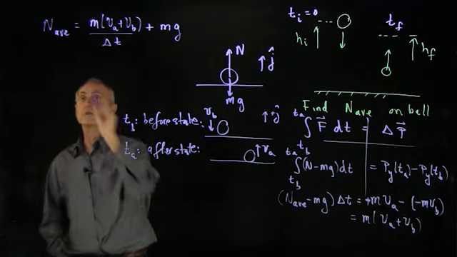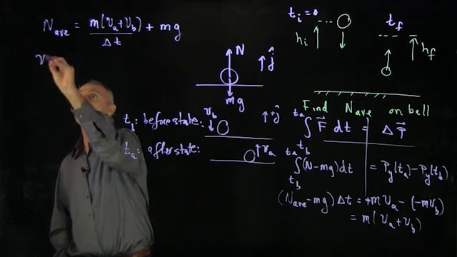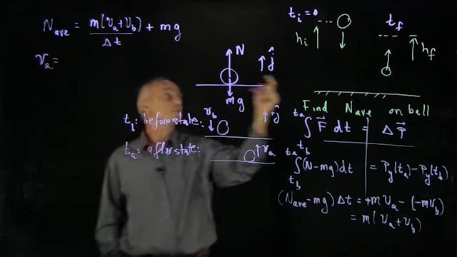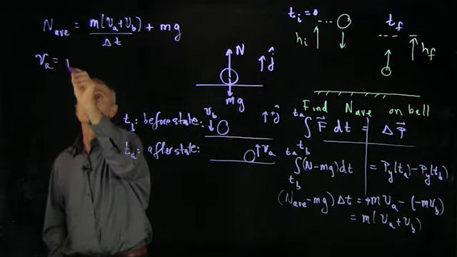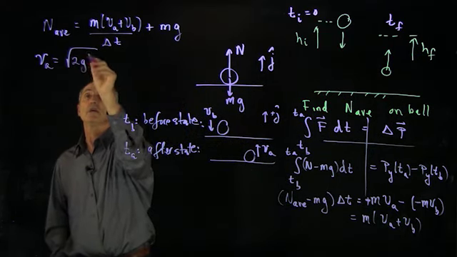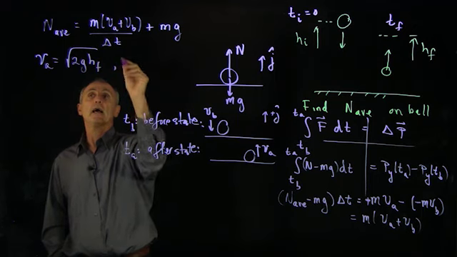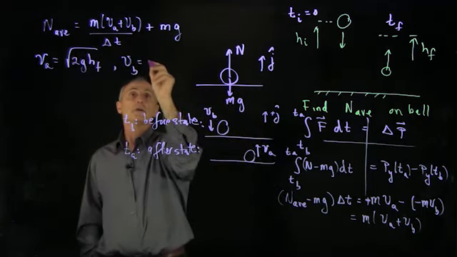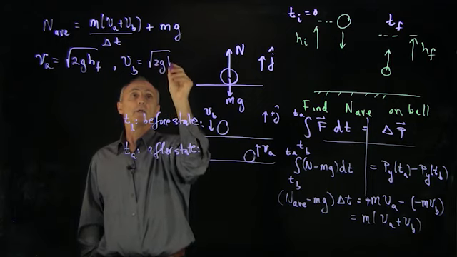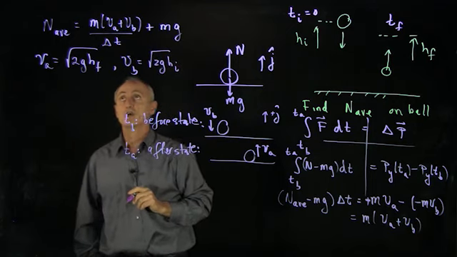Now from kinematics, we already have worked out the problem that the speed for an object that rises to a height h final, this is the velocity afterwards, is just the square root of 2g h final. And in a similar way, if an object is falling a height h initial, the speed when it gets to the bottom is the square root of 2g h initial.